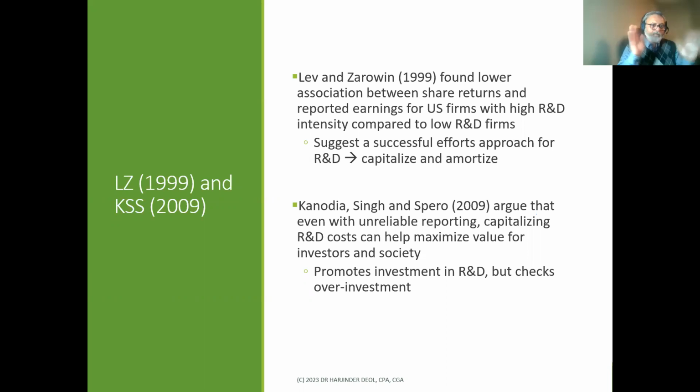So with IFRS, there's really no distinction, but with ASPE, oil and gas companies can capitalize whatever is the cost of drilling that they are incurring, regardless of the outcome, whether they found oil and gas or did not hit any reserves. Full cost. But a company that engages in research and development, only development costs are allowed as long as they meet 6 very rigid criteria. Why do you think that's the case?